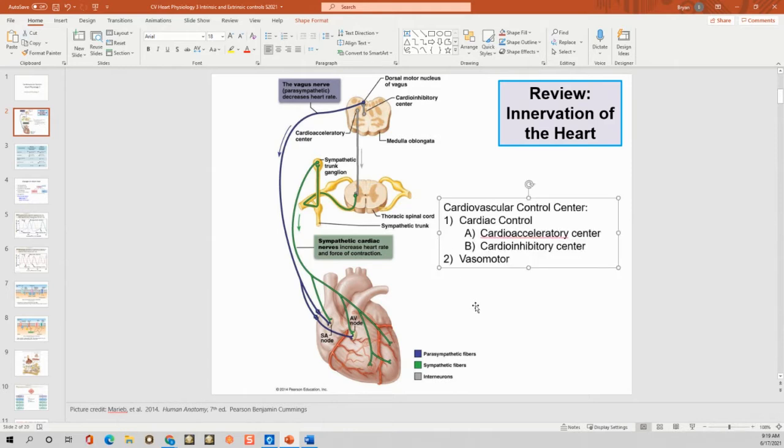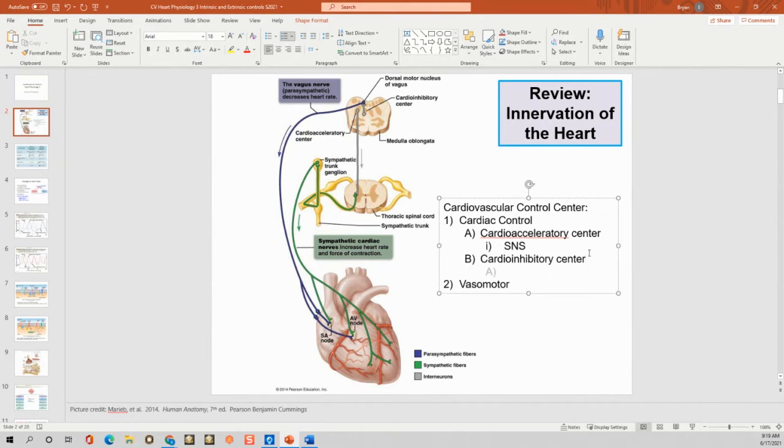Coming together, kind of, we have a way to speed up the heart, and we have a way to slow down the heart. Well, what part of our nervous system do you think the cardioacceleratory center controls? I'm going to speed up the, oh yeah, you got it. We have the sympathetic nervous system right here.